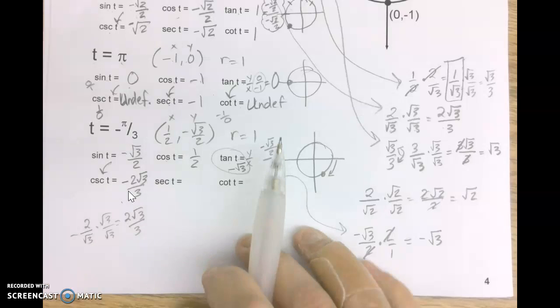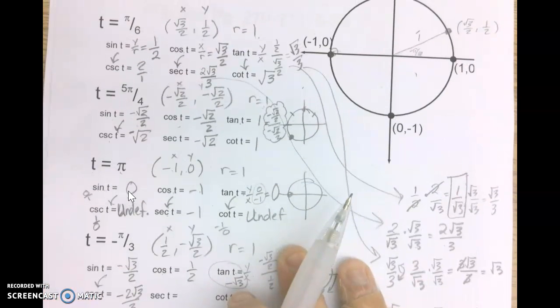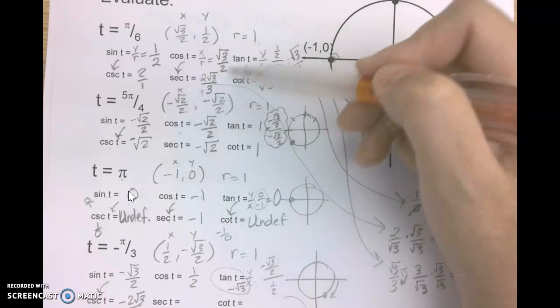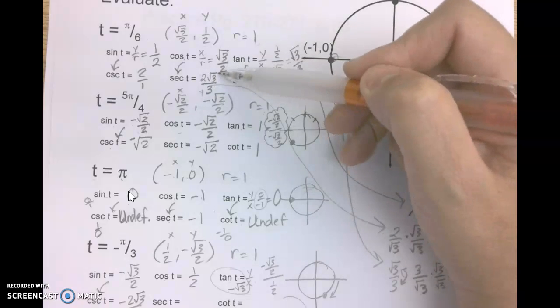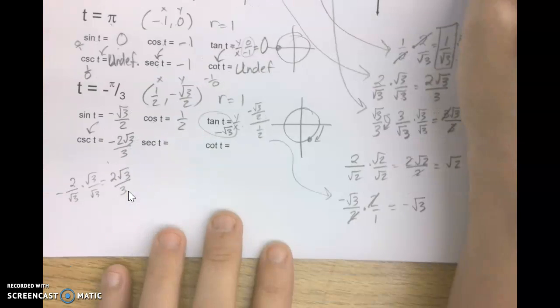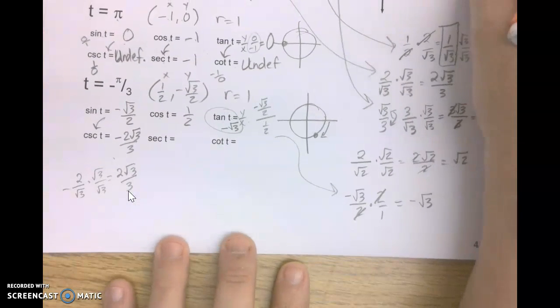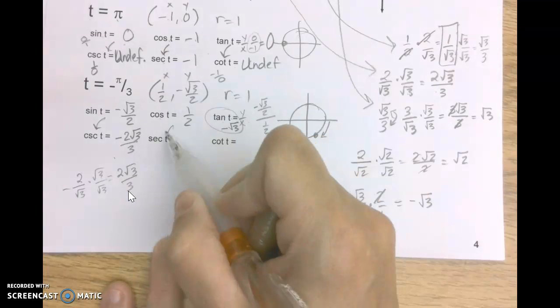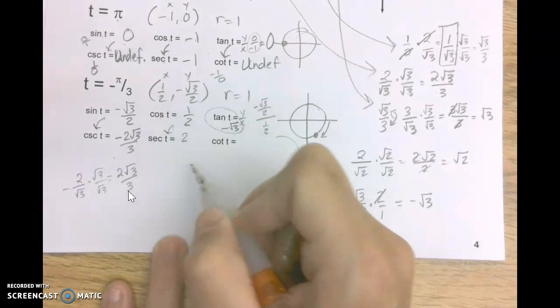I could have also gone back up here and looked at the reciprocals. So remember, 30, 60, 90s are 30, 60, 90s. Okay, and then the secant, the reciprocal of 1/2 is 2.